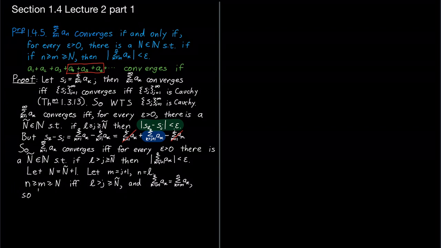So the partial sum that we get from the definition of Cauchy is equal to the partial sum in the theorem statement. And so one is less than epsilon if and only if the other is less than epsilon.